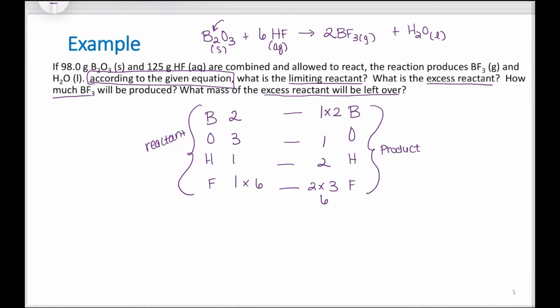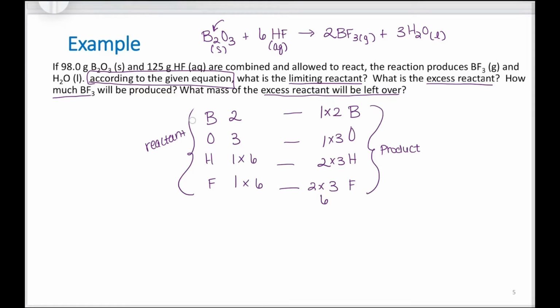Now that has changed the number of hydrogens I have on my reactant side to 6. So now I'm going to balance out my hydrogens on my product side. If I put a 3 in front of that water, that gives me 6 hydrogens on each side. Notice that that also gave me my 3 oxygens on each side. Now my reaction is completely balanced.